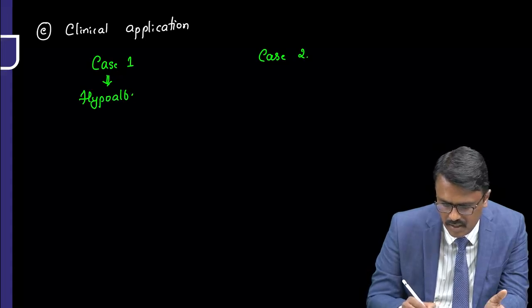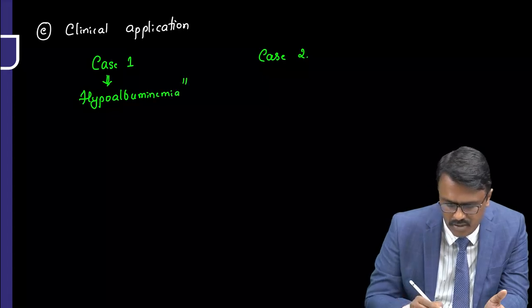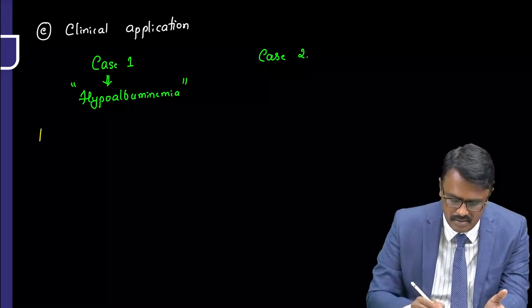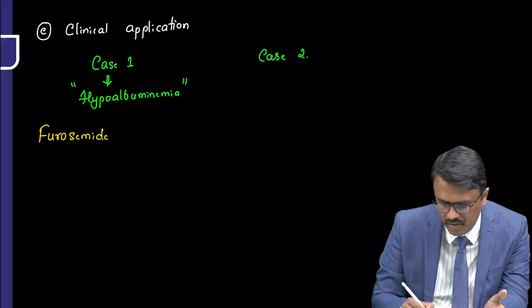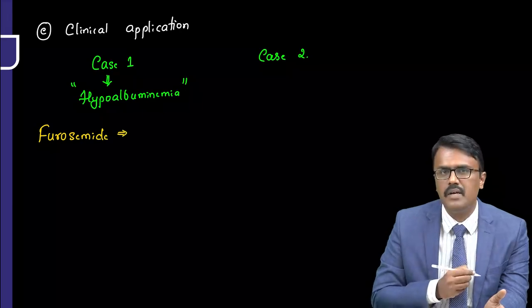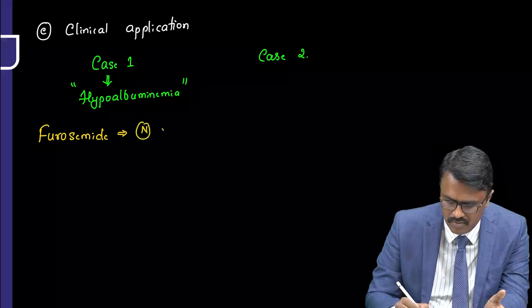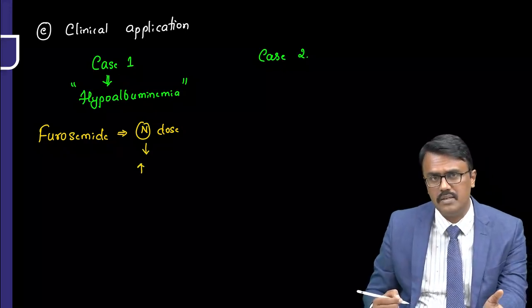His albumin levels are lesser. Now, for this patient, you have to give an acidic drug. The acidic drug is furosemide. You have to give it because he has some edema. The question here is, will you give the normal dose of this? Will you decrease the dose or increase the dose? Pause the video and answer it.